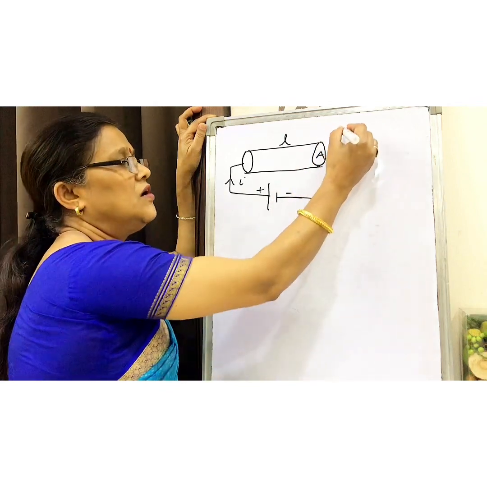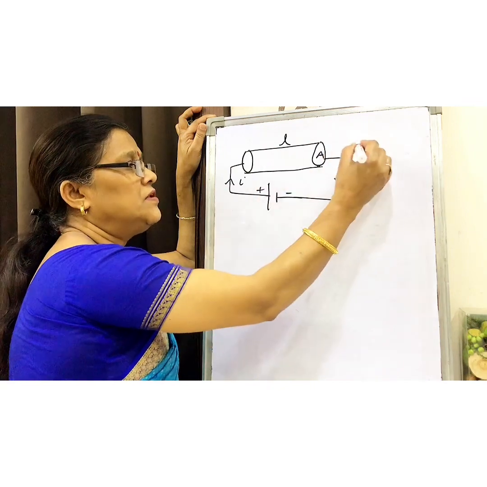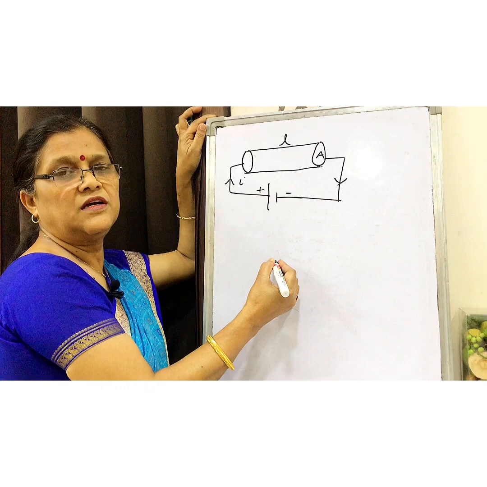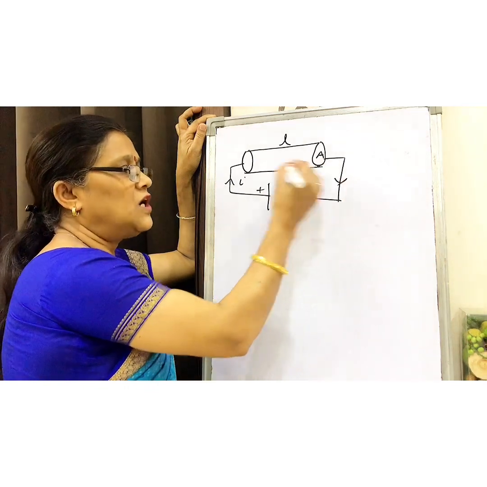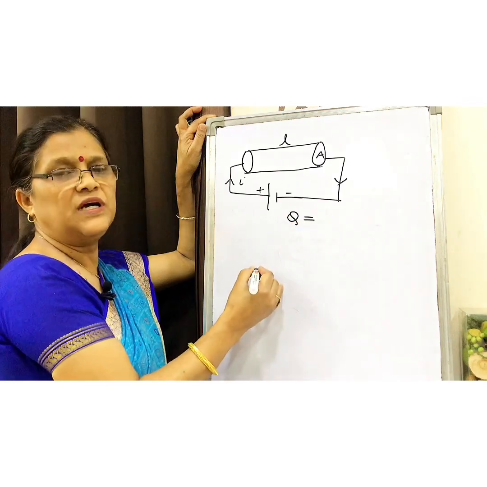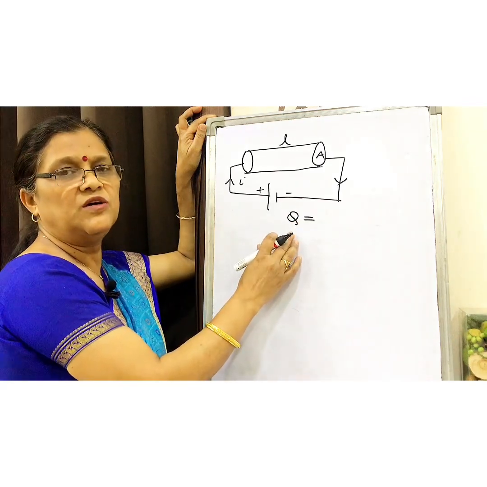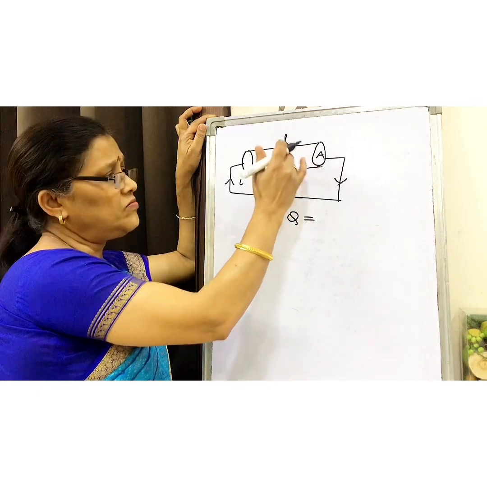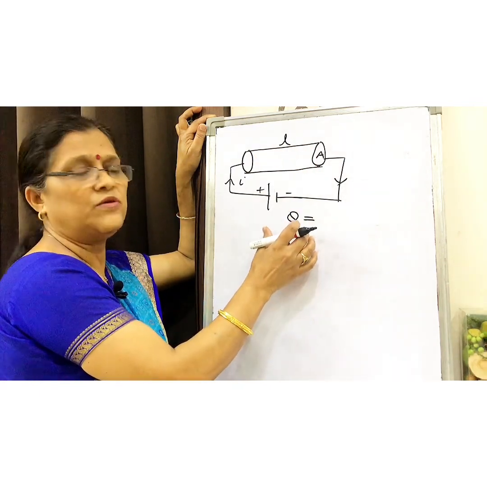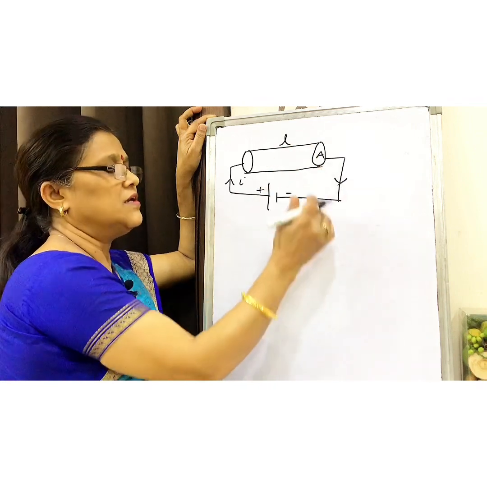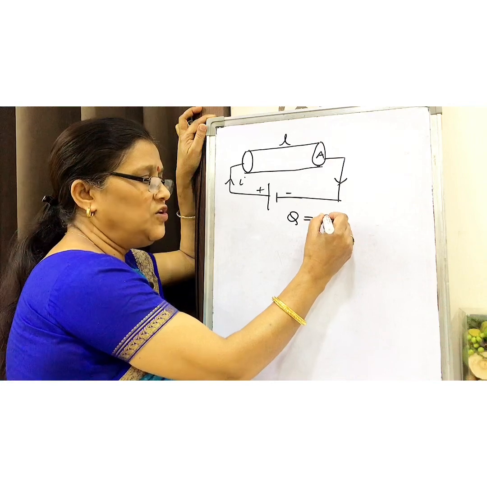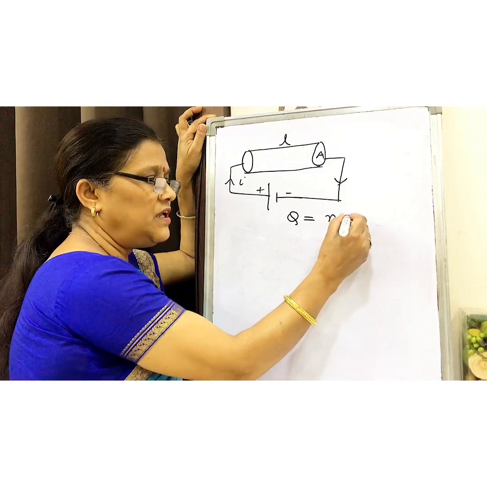Now, if through any cross-sectional area the charge flowing is Q, the amount of charge flowing through the conductor, then this charge you can write as NE.